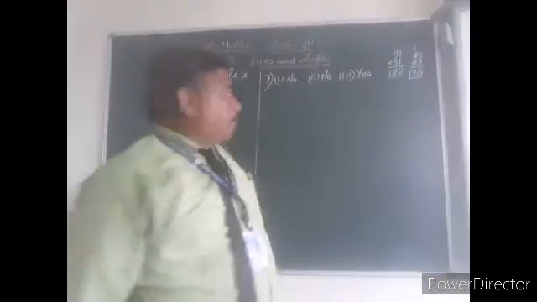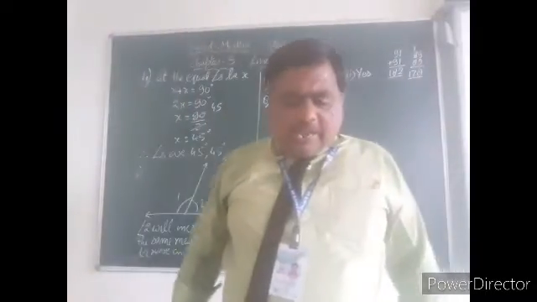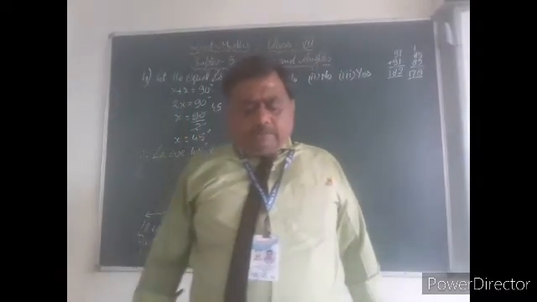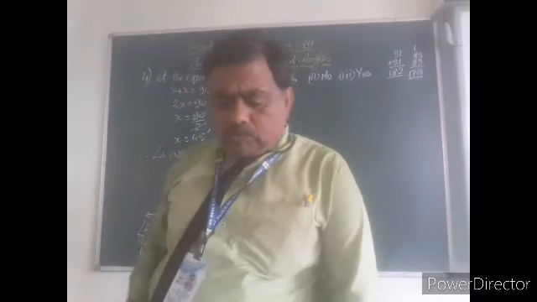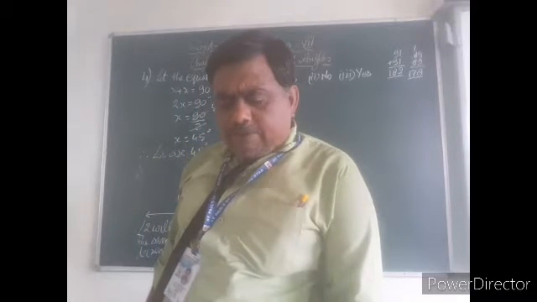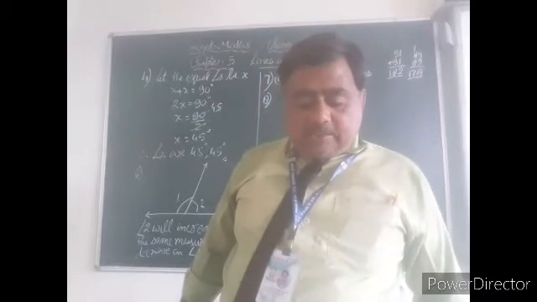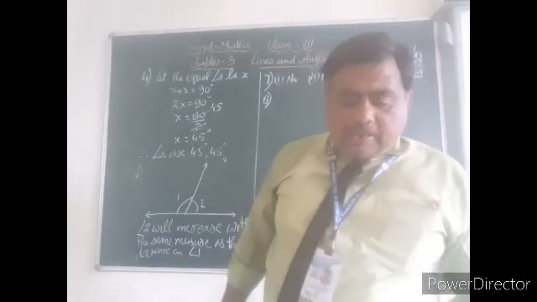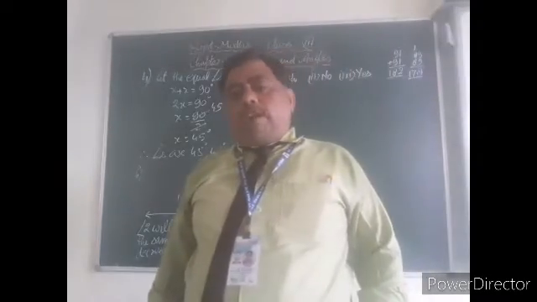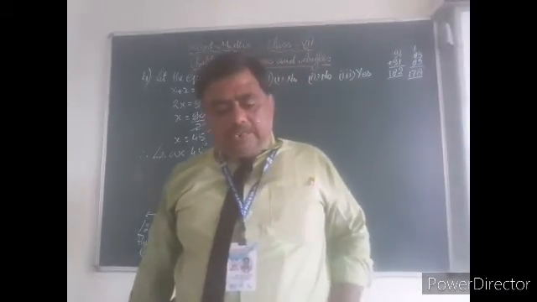Now, question number 8. An angle greater than 45 degree, is the complementary angle greater than 45 degree, equal to 45 degree or less than 45 degree? Since the angle is greater than 45 degree, the sum of the angles should be 90 degree.